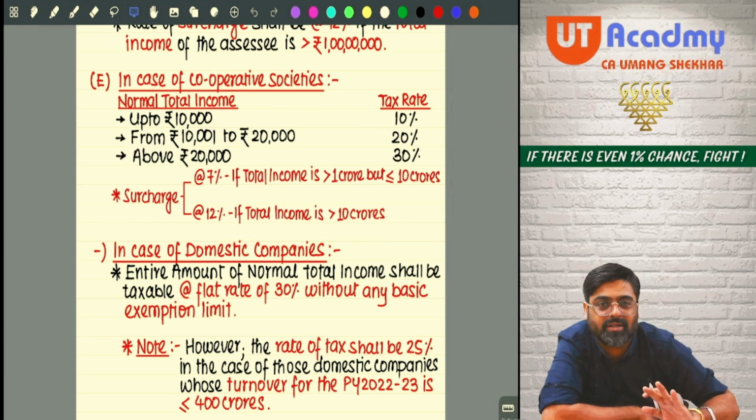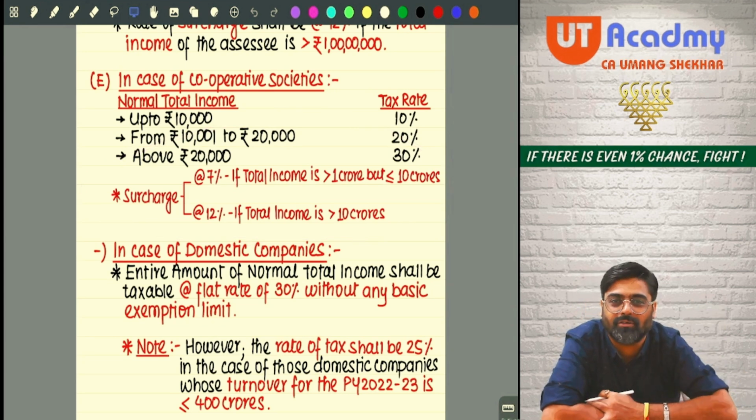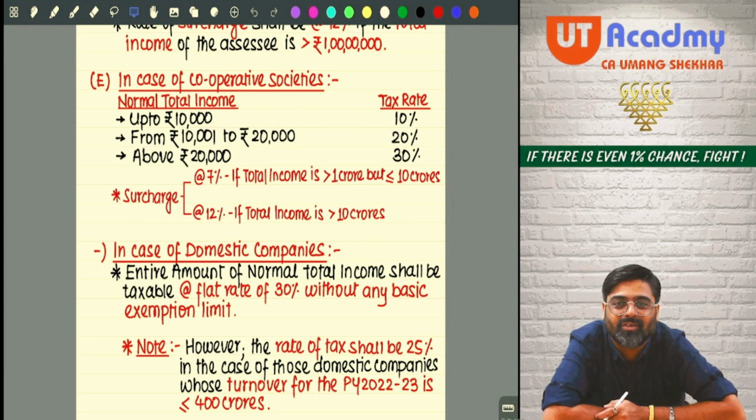And the same surcharge rate you will see for domestic companies also. So they are liable to pay surcharge at the rate of 7% if their total income exceeds 1 crore but does not exceed 10 crores. But if their total income exceeds 10 crores, then they are liable to pay surcharge at the rate of 12% instead of 7%.